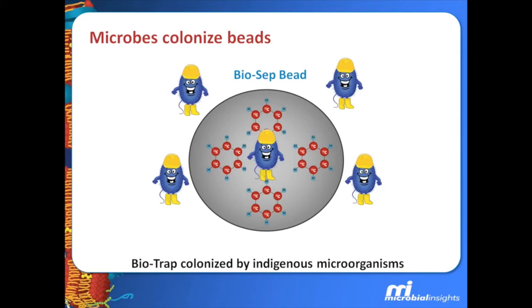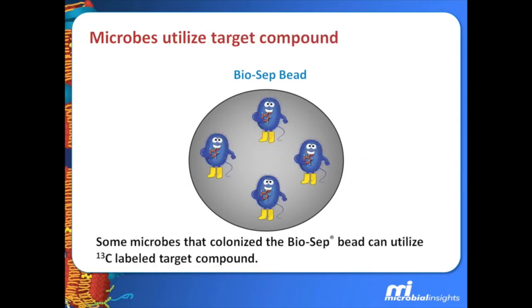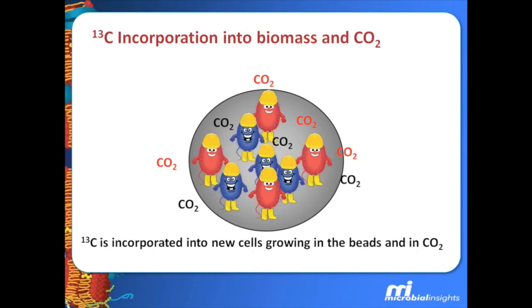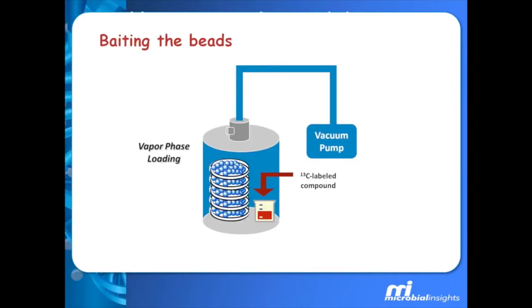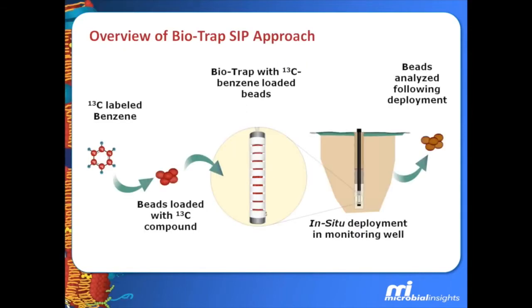And if they do, then they will metabolize that benzene and incorporate it into their biomass, and they will also produce products of mineralization of that compound, like CO2, or CO2 and methane if we're under anaerobic conditions. The beads are loaded under vacuum, and basically the C13 compounds are adsorbed onto the powdered activated carbon component of the beads.